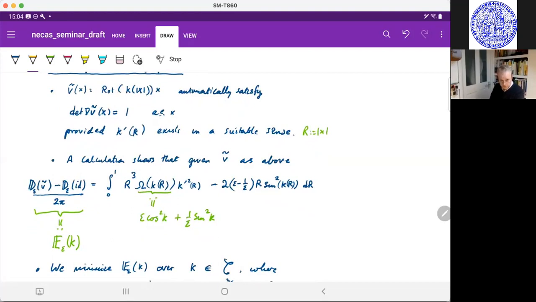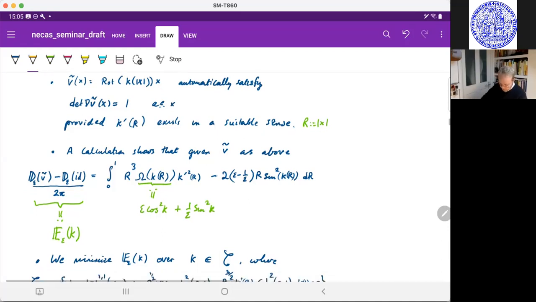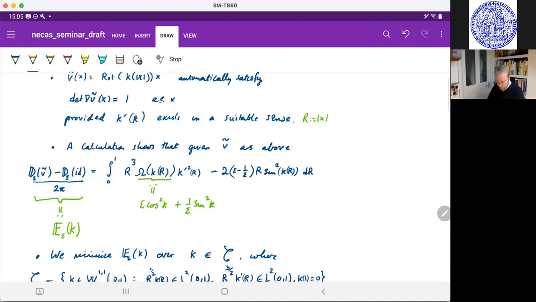And it's given by that expression on the right. So it's a fairly orthodox functional. It just requires a bit of extra work in order to use the direct method, essentially because of this term r cubed in front of the k prime squared there. But it's convex in k prime and it has good features.